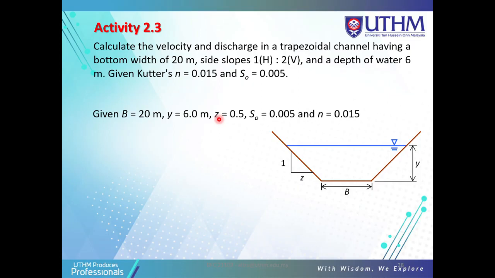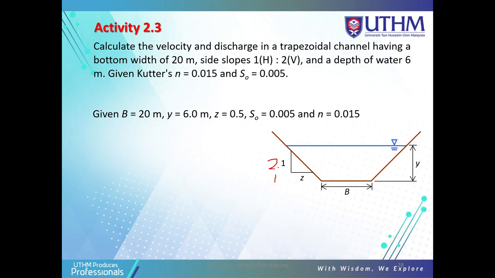Calculate the velocity and discharge in a trapezoidal channel having a bottom width B of 20 meters, side slope 1 horizontal, 2 vertical. So 1 horizontal and 2 vertical. If 2 is vertical here, the horizontal is 1.